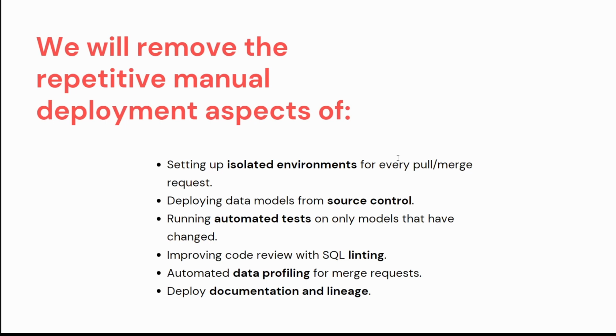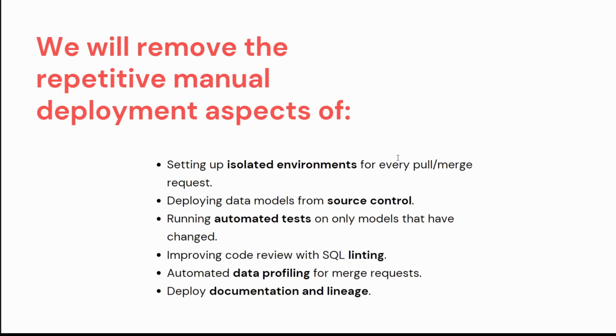We also look at improving code reviews with SQL linting, i.e. enforcing standards, best practices from the company on every single developer. We want to look at automated data profiling on every merge request. This allows us to check what we've developed in our development branch versus what we've got in production.